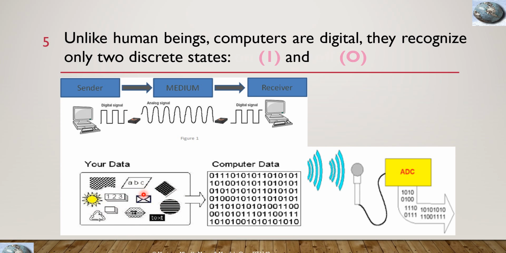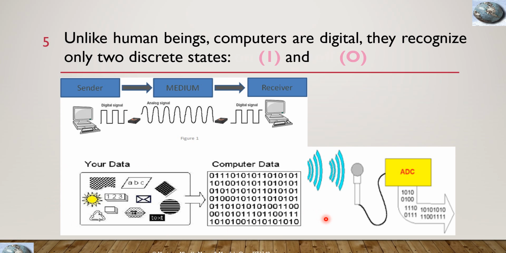Sometimes you see pictures and everything, but inside the computer, your data is represented as 0s and 1s. When you type A on your keyboard, this is not what the computer recognizes. Computers only recognize 0s and 1s. So this is your data, and this is computer data.